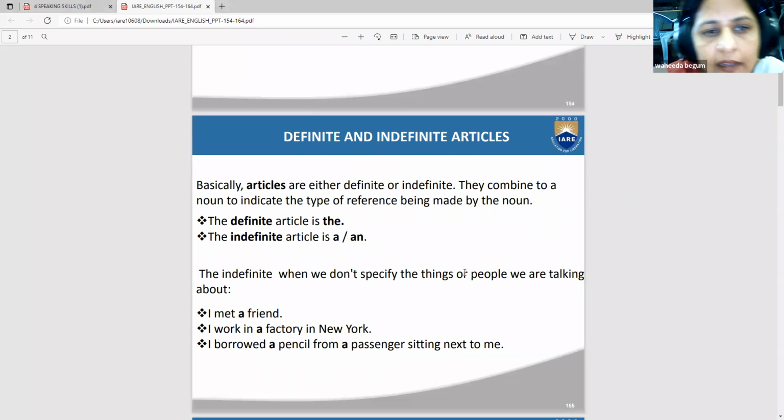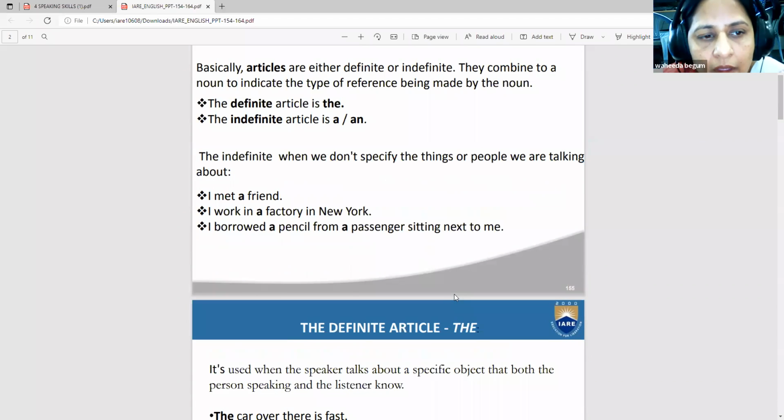So basically, articles are either definite or indefinite. You must remember. They combine with a noun to indicate the type of reference being made by the noun. The definite article is the, and the indefinite articles are a and an. I met a friend. You can see it in the bold.